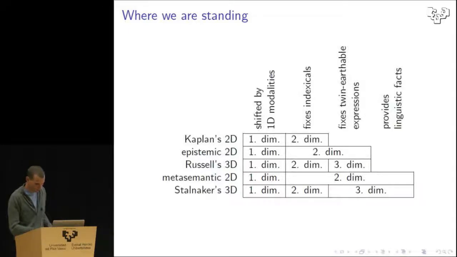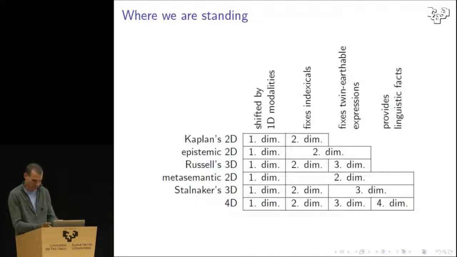So the system that he suggests, and this is really just in parentheses in his papers, would look like this. You have the first two dimensions, just like Kaplan's characters, and then one third dimension which takes care of the rest. And I think from this it's straightforward what the four-dimensional system would be. Then you would just distinguish between all of these four different types.